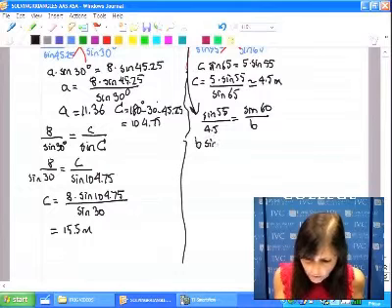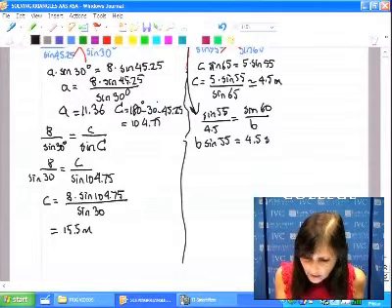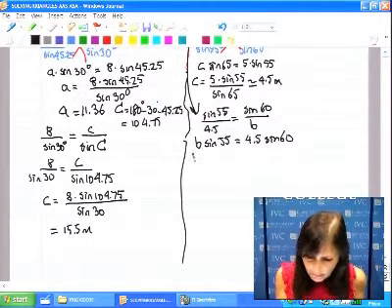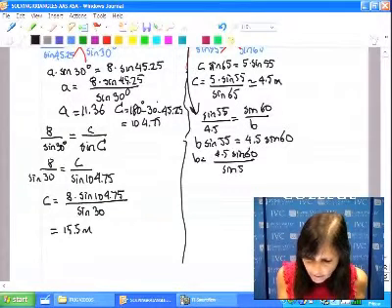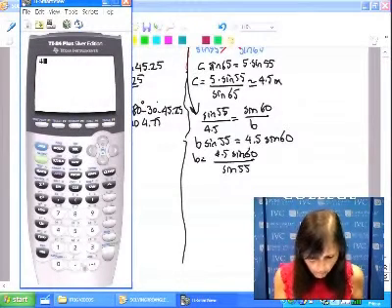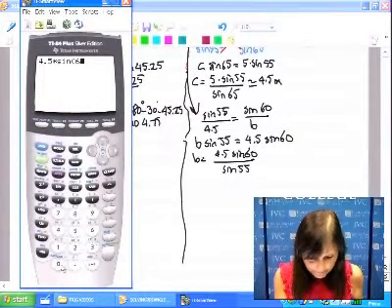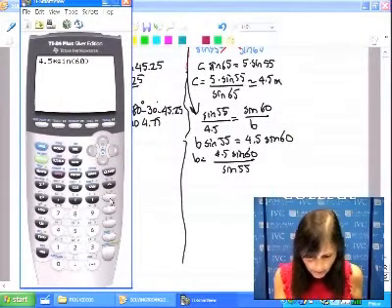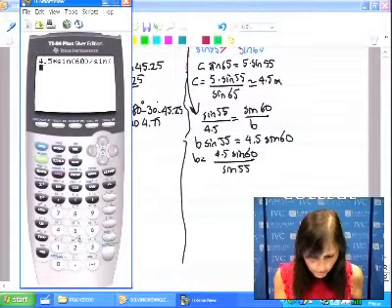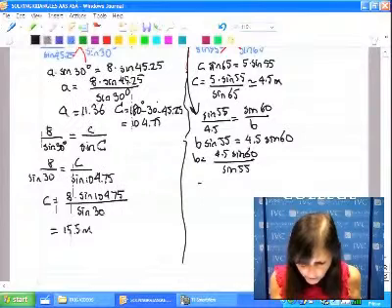B times sine of 55 is equal to 4.5 sine of 60. Then B is going to be 4.5 sine of 60 over sine of 55. 4.5 times sine of 60 divided by sine of 55. And that will give me 4.8.